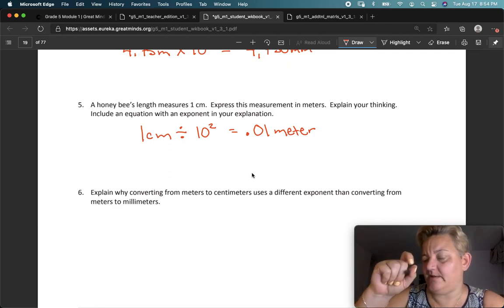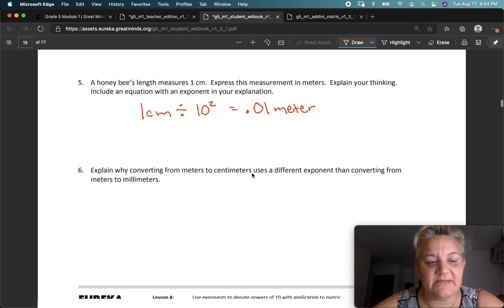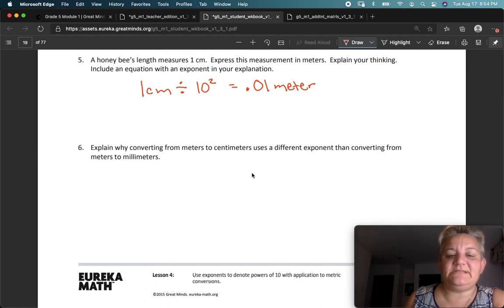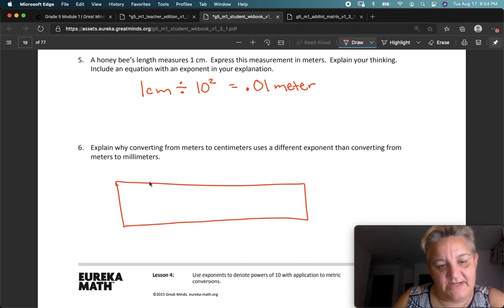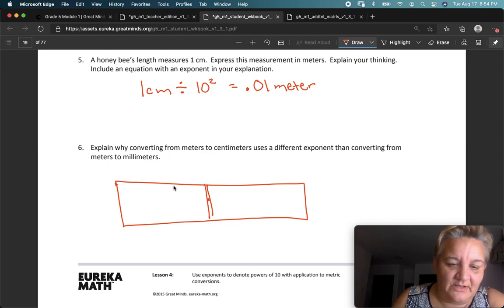Yep, this big. Number 6, explain why converting from meters to centimeters uses a different exponent than converting from meters to millimeters. Well, we can do that with a chart, so let's do that. So here's my place value chart. And I'm going to call this 1 meter.